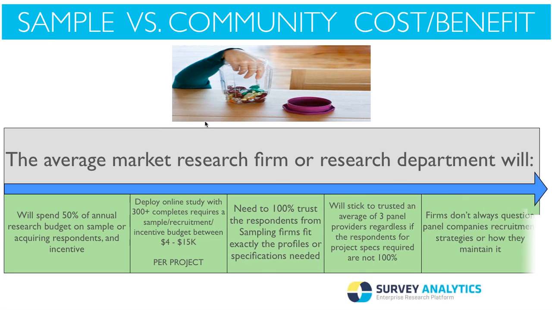That can cause some serious issues with the sampling, whether or not these people truly fit the profiles you need. Whereas if you were to be able to control this by having your own community, you wouldn't be running these risks in terms of knowing these people truly fit or don't fit what you're looking for.